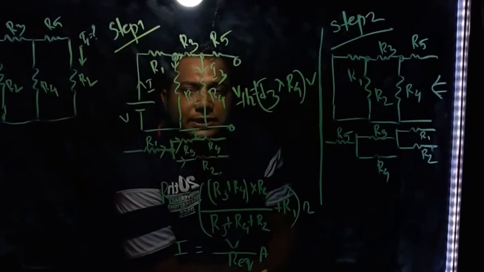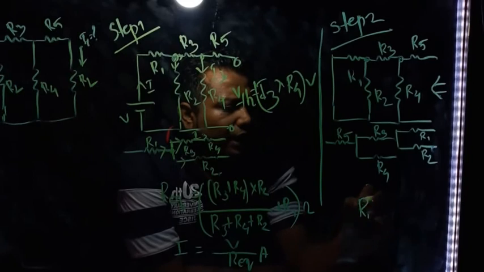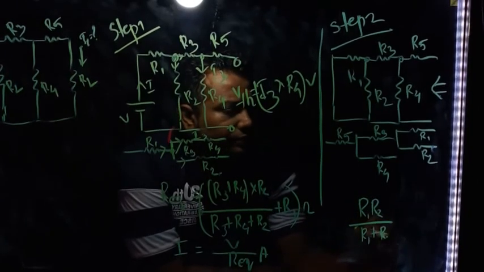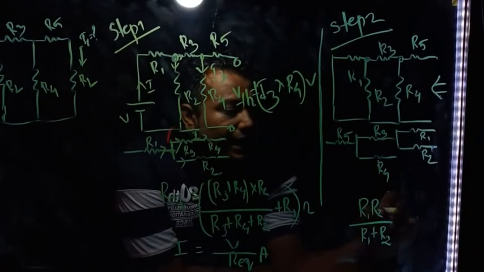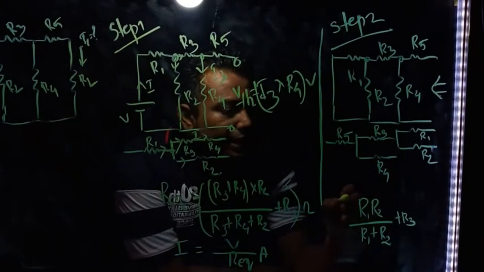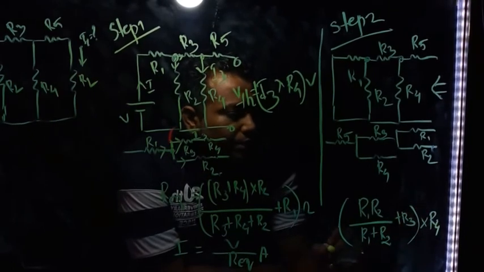Okay, so the first thing is that R1, R2 are in parallel. So the combination of R1, R2 we have written, and with that this R3 in series, correct, and this whole combination is again in parallel with this R4.